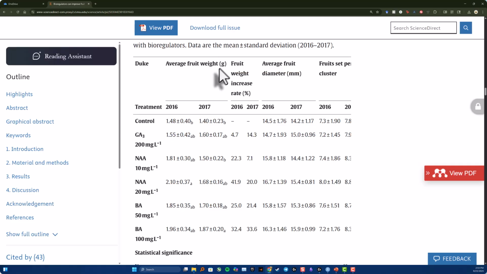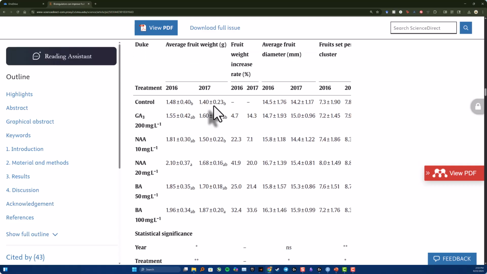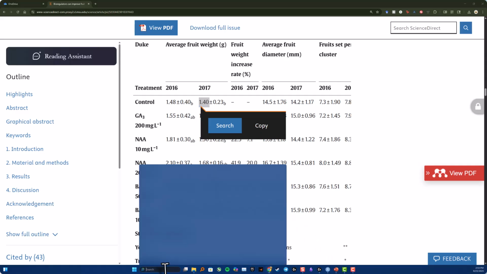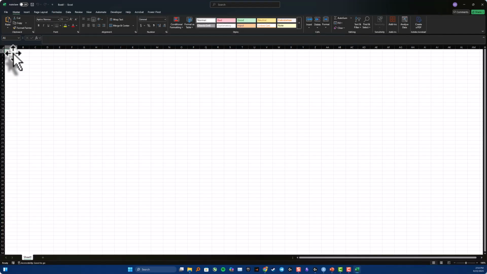In my case, it makes the most sense to use grams because that's how a lot of papers report differences in fruit mass. So how to do that, you look at the means across both seasons of the control, and you would average those two. So in our example, I'll bring up a new Excel sheet, a column that is study label. And in our case, this paper, I'll call it Millich 2018 for now because that's the name of the paper.